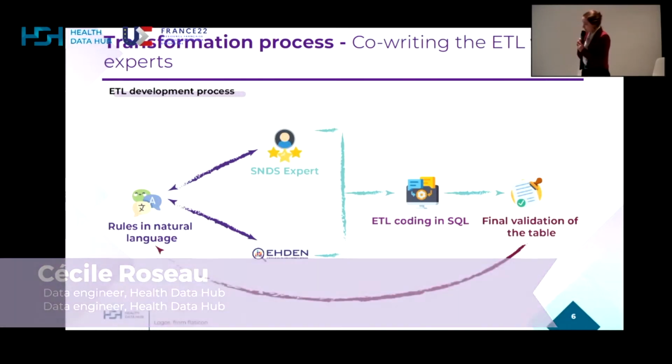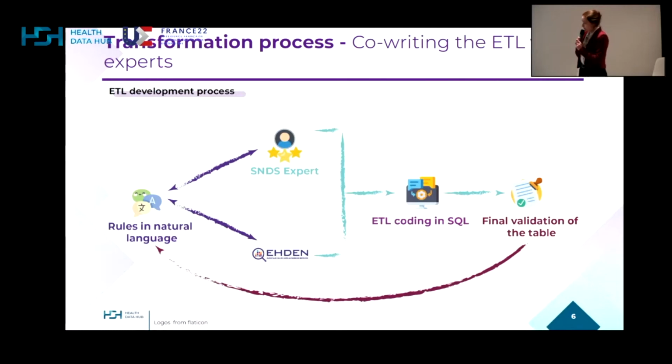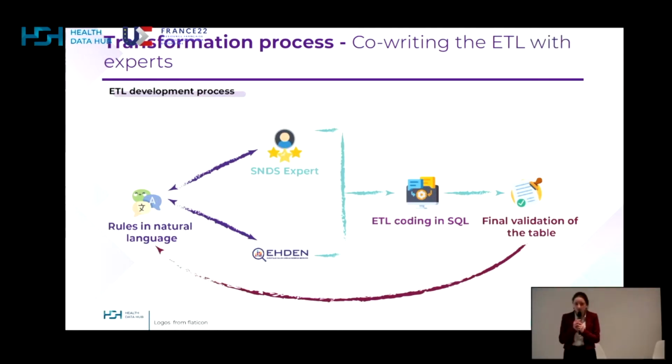And we also have to check with Eden, and we had a meeting with them once a week to perform that. They explain to us how the fields are used, which country uses them, and to harmonize with the other partners. Once both experts and Eden validated our rules, we can code it in SQL.